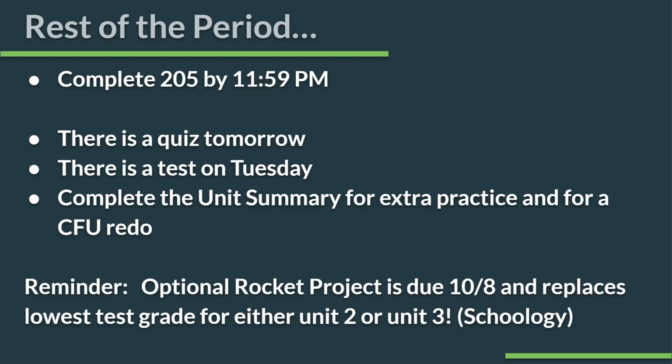So there's not going to be a chance for a redo before people end up getting dropped if they end up failing. So hopefully that doesn't apply, and I don't think it's going to apply to many people, hopefully no one. But if it does, make sure you do that project. That way you're not getting kicked out of the honors class.